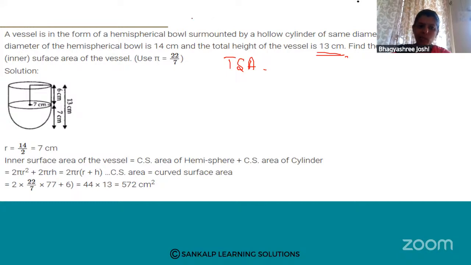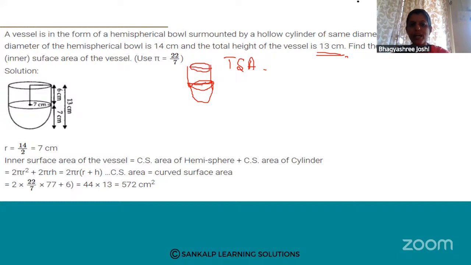What they have given, see, one vessel is there that is in the shape of hemisphere. Okay, hemispherical, one bowl is there, right, or vessel. This is surmounted by a hollow cylinder. On this there is a cylinder, right? It is surmounted by a hollow cylinder of the same diameter.